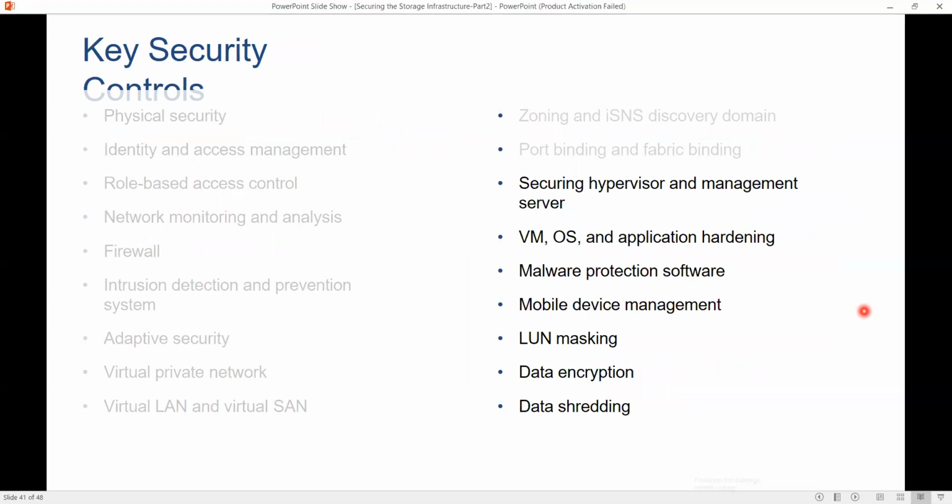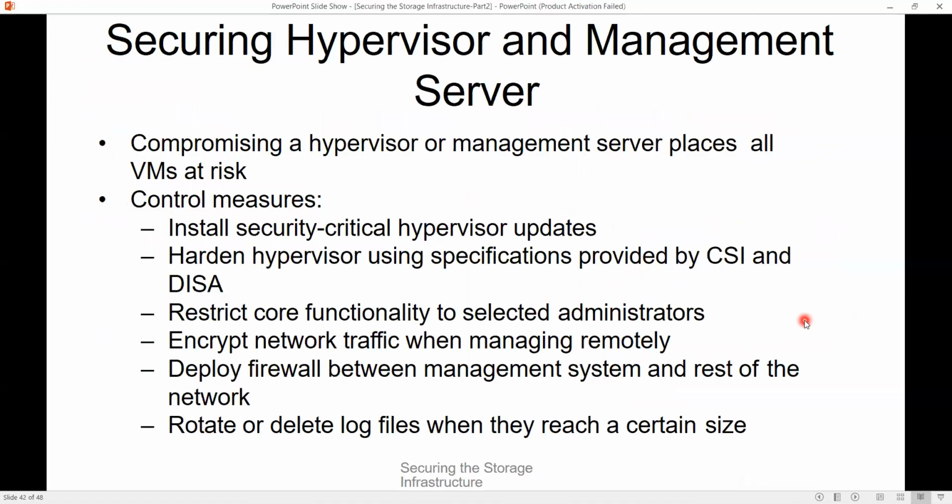Next we have securing the hypervisor and management server, VM and OS application hardening. Then we have malware protection, mobile device management, LUN masking, encryption and shredding. This is securing the hypervisor and management system. When we are using virtual technology, we need to install security critical hypervisor updates, and secure and harden the hypervisor using specifications provided by CIS and DISA.